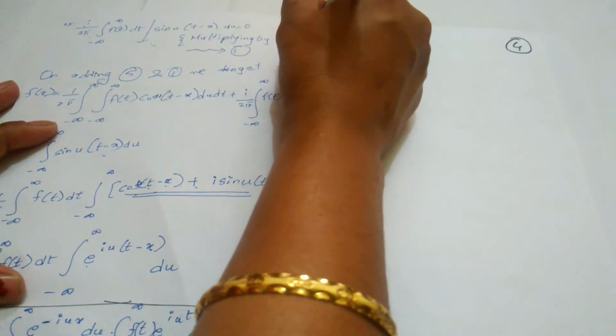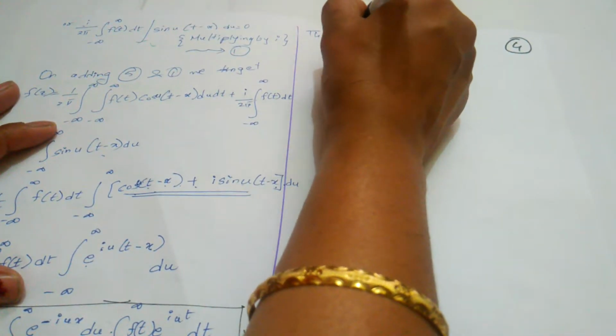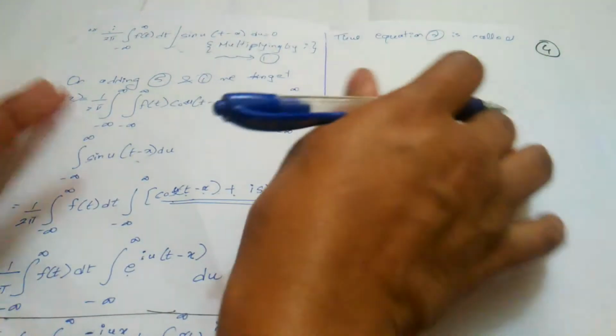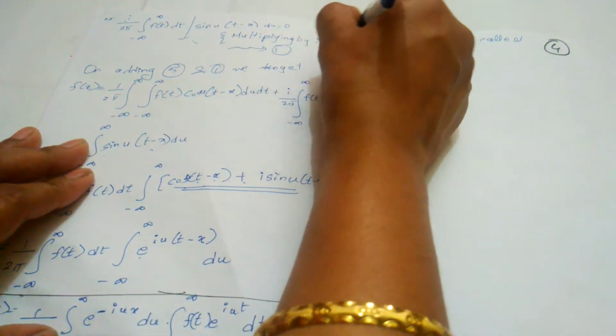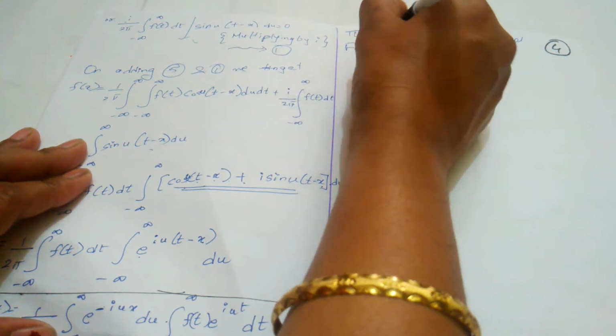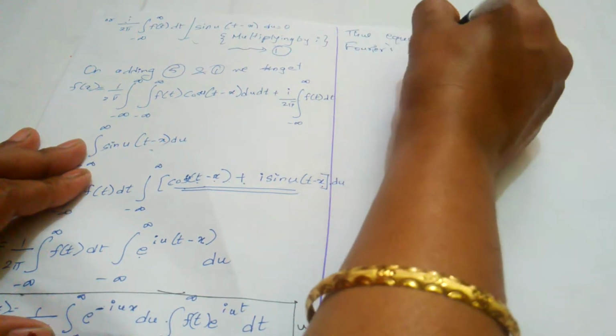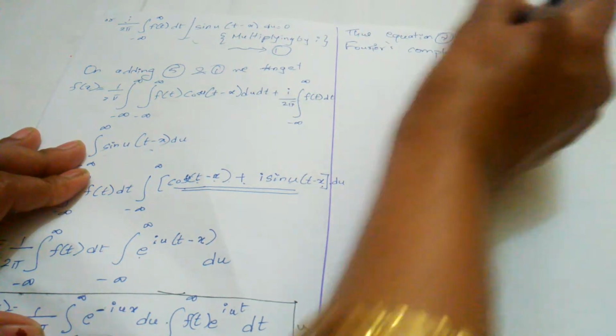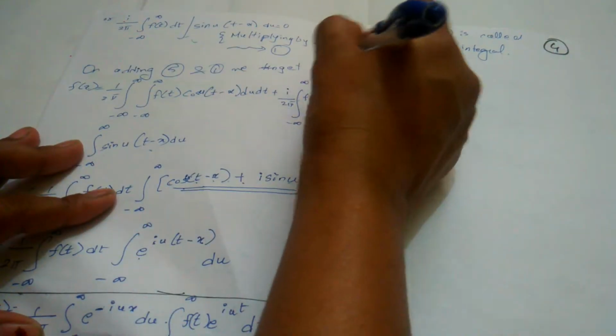As a result, let me mark this as equation number 2. Thus equation 2 is called Fourier's complex integral. Okay, so we are done with the proof.